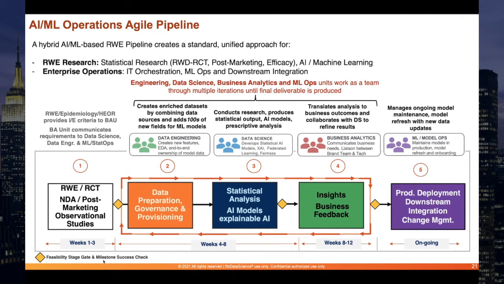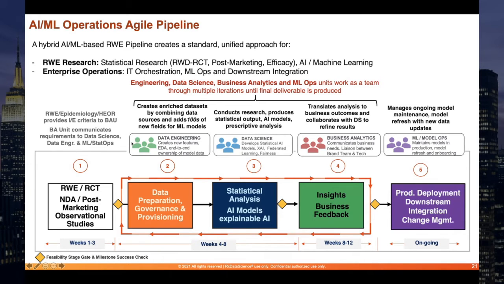This is something that we practice internally. In the pipeline, there are 4 different levels that we traverse. The first is the RWE study, where you're defining your inclusion-exclusion criteria and so on.